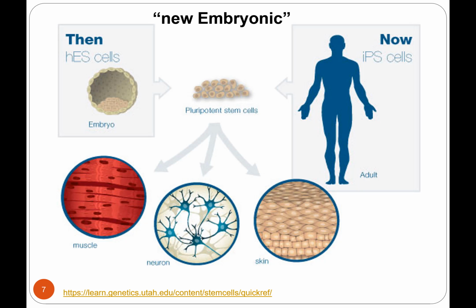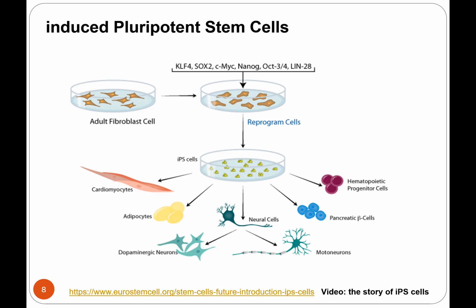So like I said, kind of the new embryonic stem cells is this idea of induced pluripotent stem cells. So we want pluripotent stem cells because they can become all different types of cells. Normally we have to get them from an embryo, but we are now learning that we can induce them back to a pluripotent stage. So how does that work?